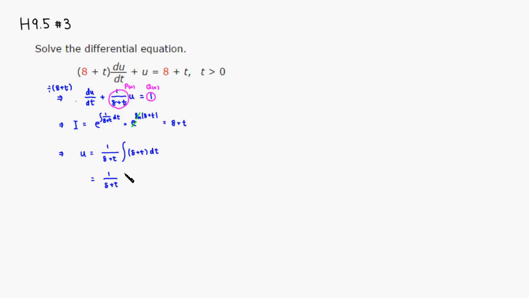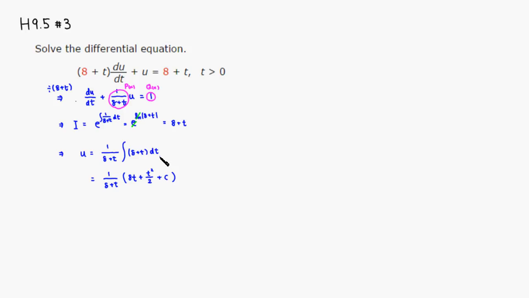If you take the antiderivative of 8, you get 8t plus antiderivative of t would be t squared over 2, then plus some constant c.